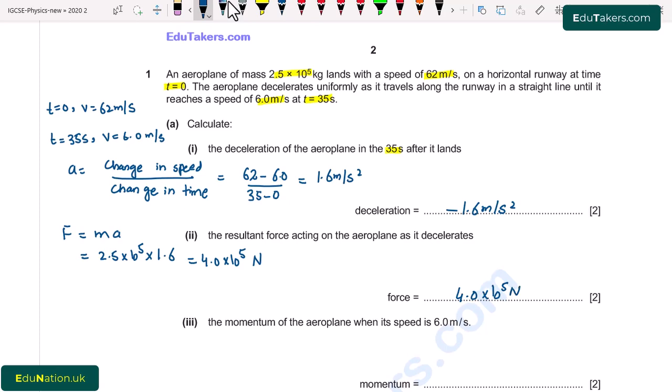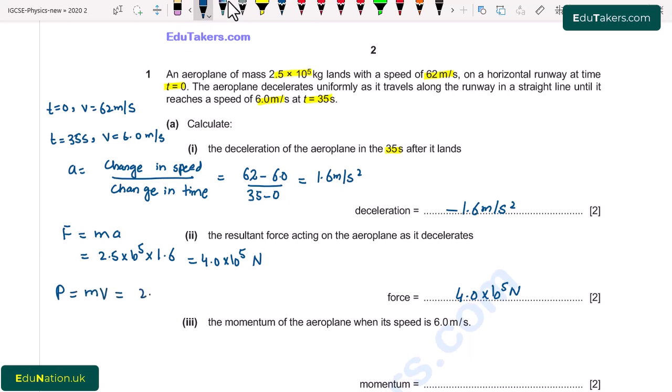Part 3. The momentum of the aeroplane when its speed is 6 meters per second. So here we have to find the momentum, and speed is given as 6 meters per second. We know that momentum is the product of mass and speed. So I write momentum p = the product of mass and speed.